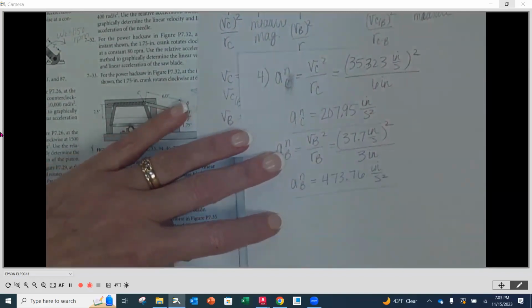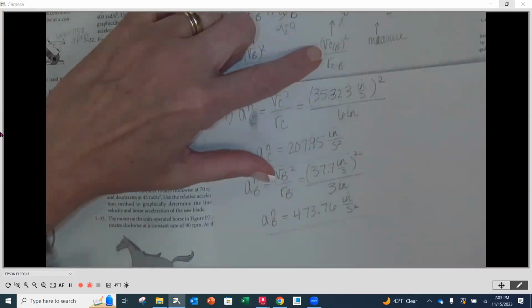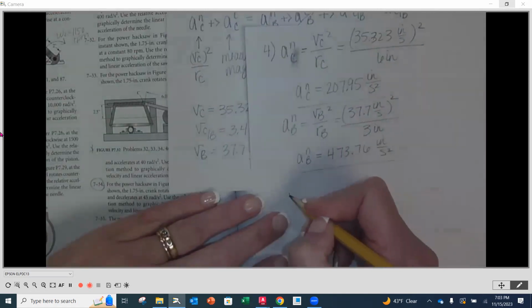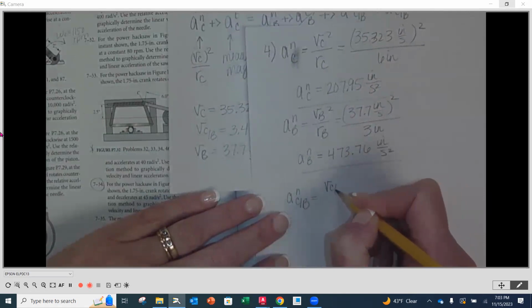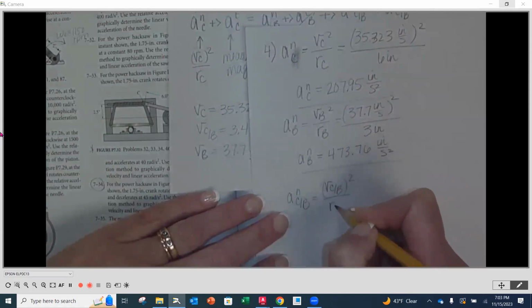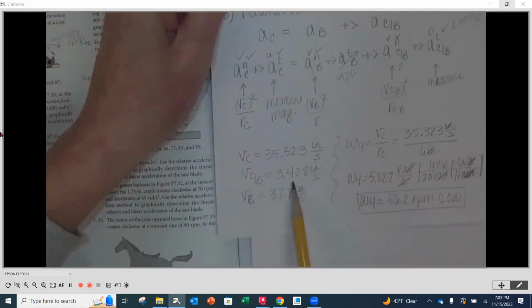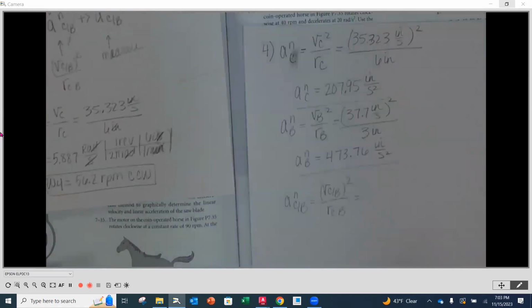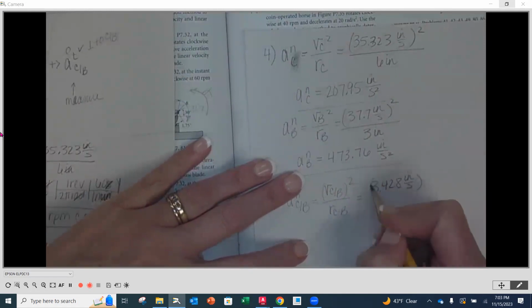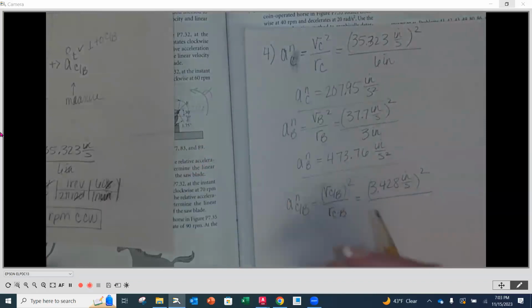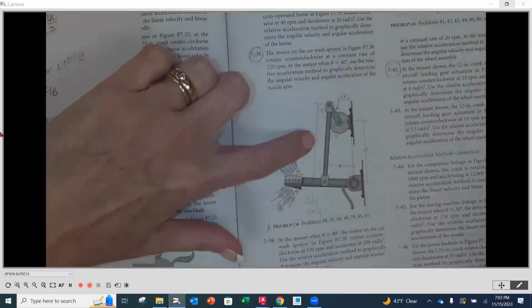Or 73.76. All right. And then our normal of C relative to B. So C relative to B, we measured that from our vector diagram, 3.428 inches per second squared, divided by the distance between B and C. The distance between B and C is 10 inches, right?